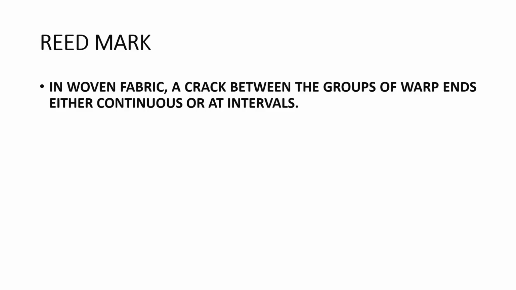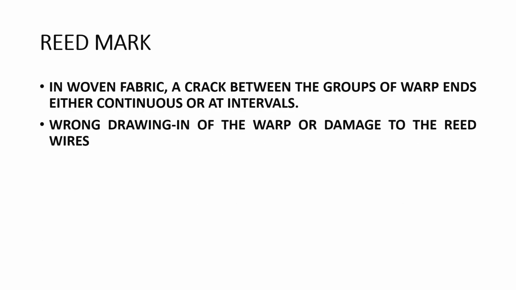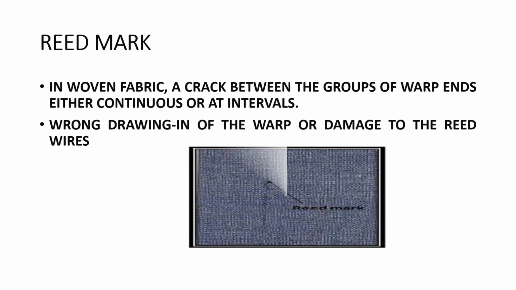It is a crack between groups of warp ends, either continuous or at intervals, and this is due to wrong drawing-in operations of the warp or damage to the reed wires. Such an image can occur due to this, which is called a reed mark.